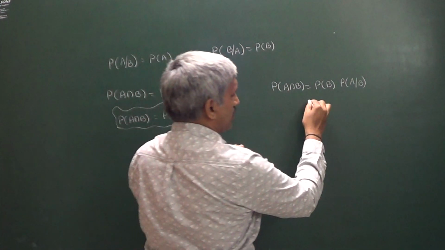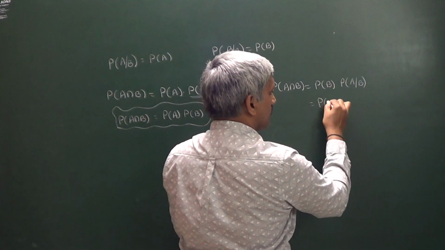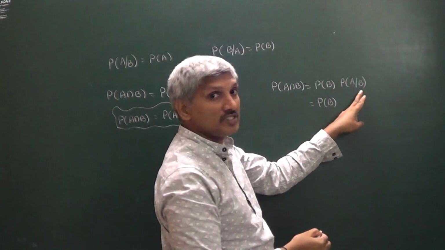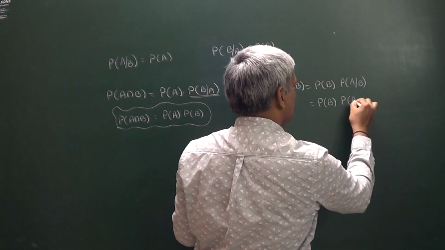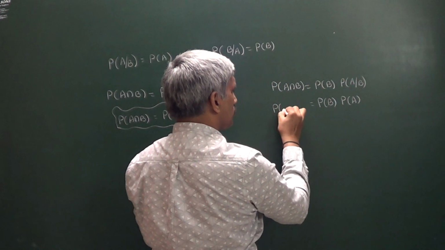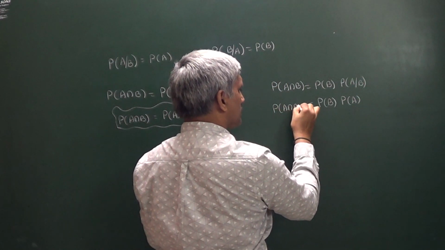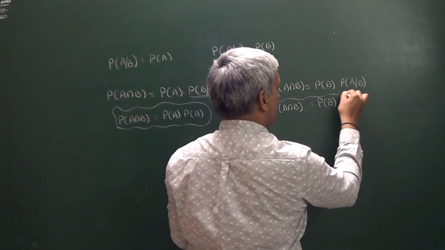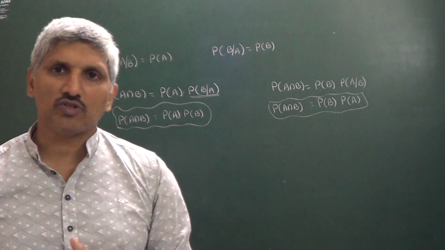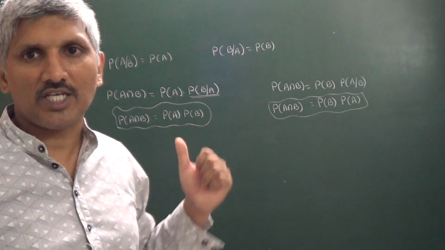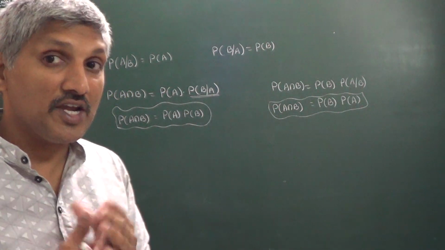Otherwise you can observe here also, in case of independent events, P of A by B is equal to P of A, that is equal to P of A intersection B by P of B. So P of A intersection B is equal to P of A into P of B. Then we can say that A, B are independent events.